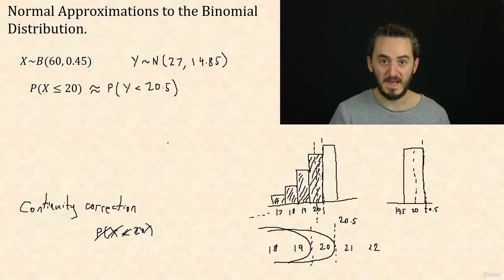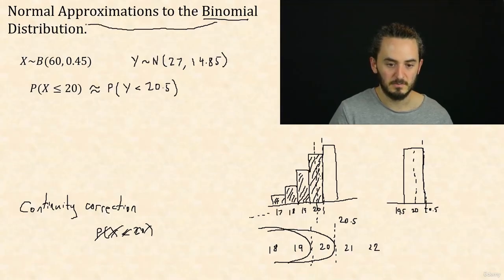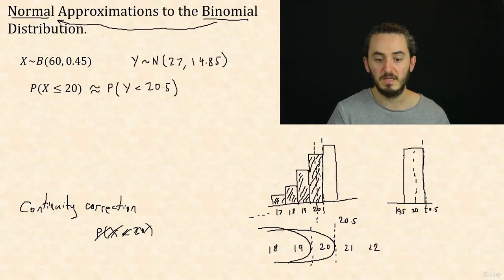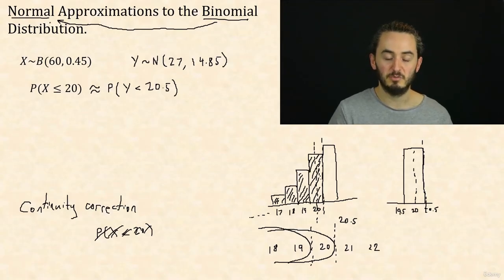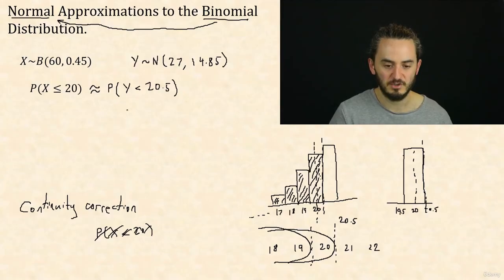It gives you a bad approximation. So you must include your continuity correction whenever you move from a discrete, which is binomial, to a continuous normal. That means you have to do a continuity correction.